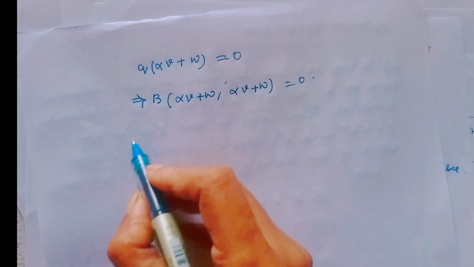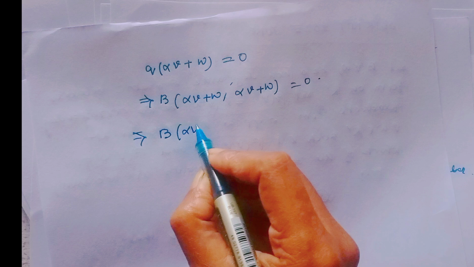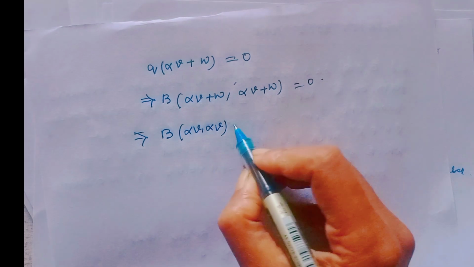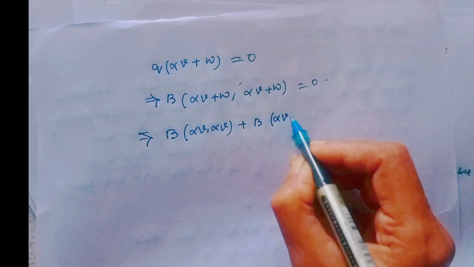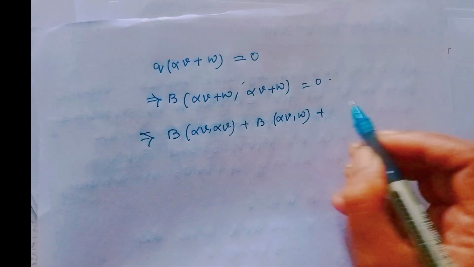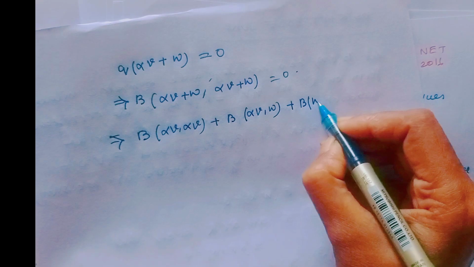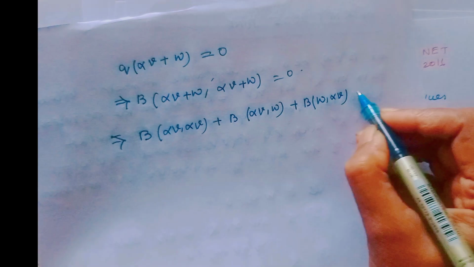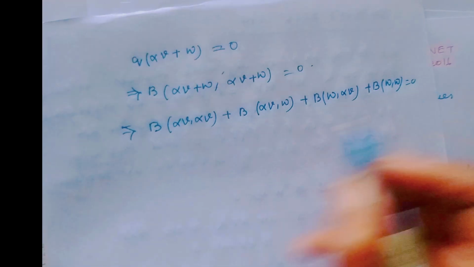And this means b of alpha v, alpha v plus b of alpha v, w plus b of w, alpha v plus b of w, w equal to 0.